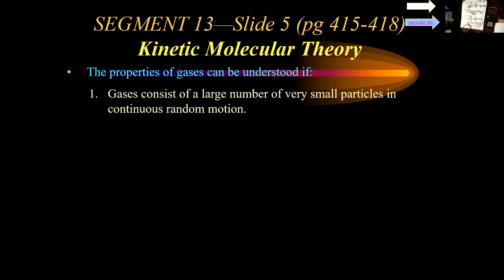Now I want to see if I can understand that behavior, focusing on the molecular properties that must be present in that gas for that to be true. One of the things that we believe about gases is that the particles of gases are very tiny particles and they're in continuous random motion, that they're moving fairly fast.